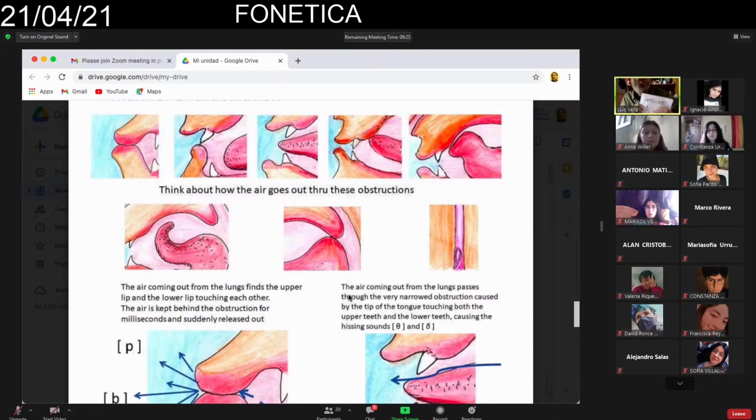And here, we combine the sound d with the sound zh, and the result is j. These are affricates. I explain again. They are two sounds. It's a combination of a stop and a fricative.